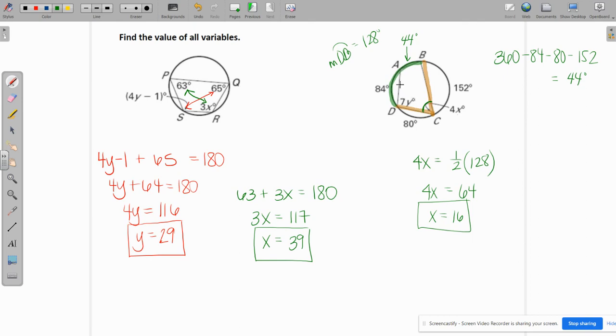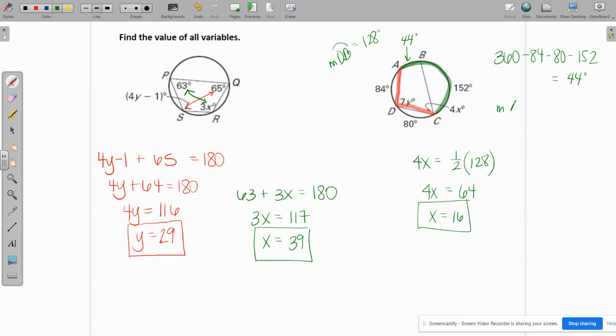We can also look for the measure of y. So I'm going to erase some things here just so I can highlight different things for you. So now I have angle ADC, which is 7y degrees. This intercepts this arc here, arc ABC. So I know that this angle should be half of that arc's measure.